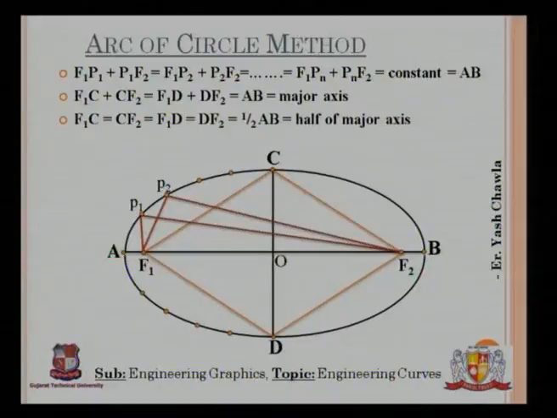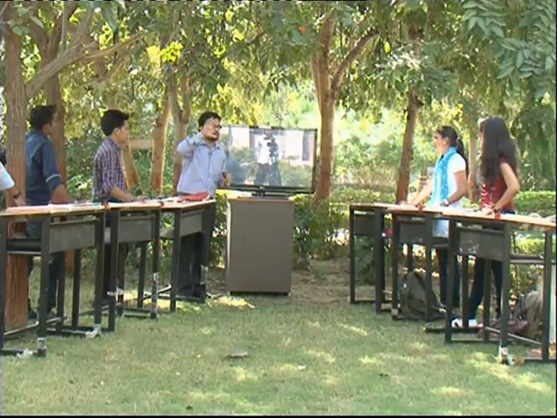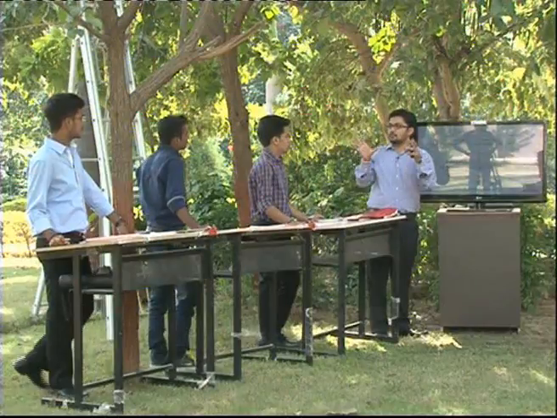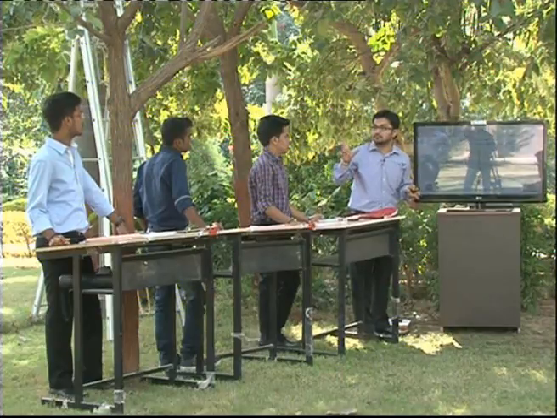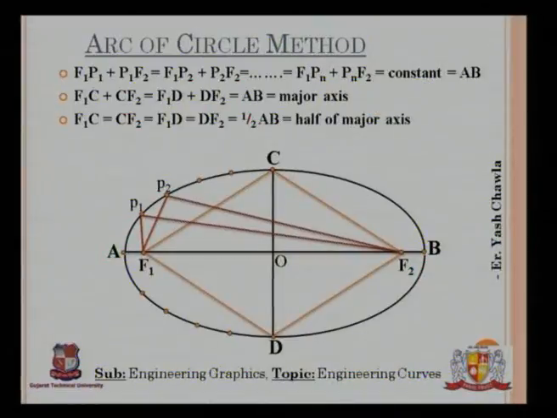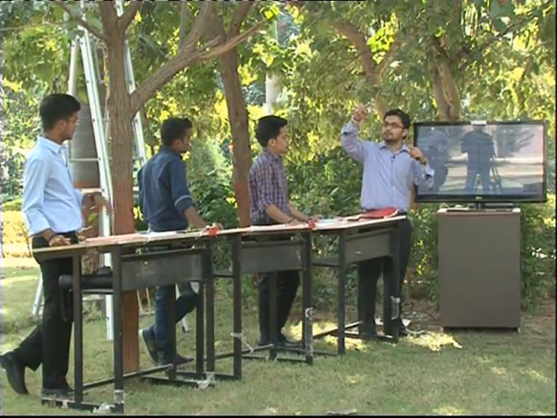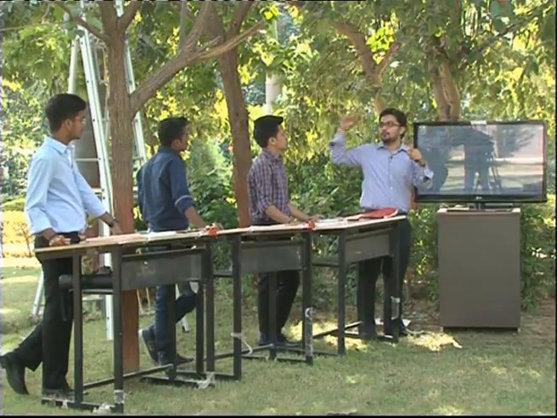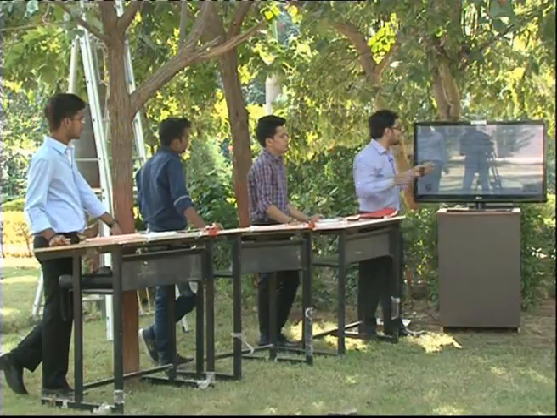It will be equal to F1D plus DF2, means the sum of the distances from the 2 endpoints of the minor axis will also be equal. Those sums will be equal to the major axis, like from one focus to the end point of the minor axis, and from that point up to the second focus, that will be the distance of the major axis.